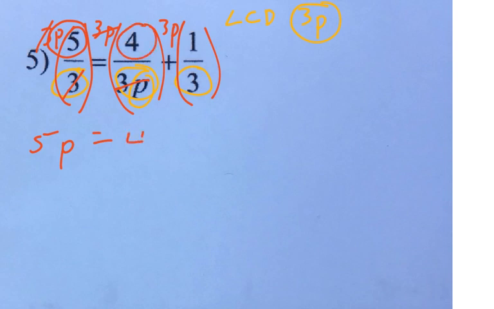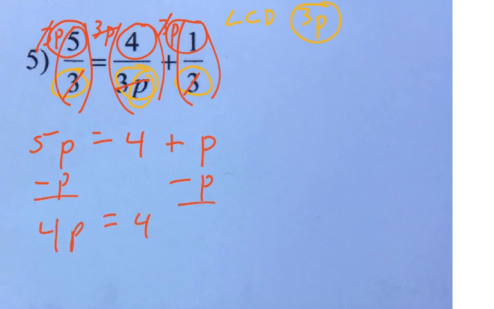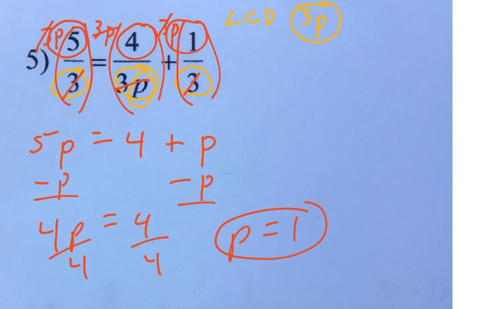I'm just left with 4. Plus, here the 3's cancel, and I'm just left with p. P times 1 is p. I'm almost done, right? All I have to do is minus p both sides. And 4p equals 4. And then I'm going to divide by 4, so p must be positive 1. That's it.